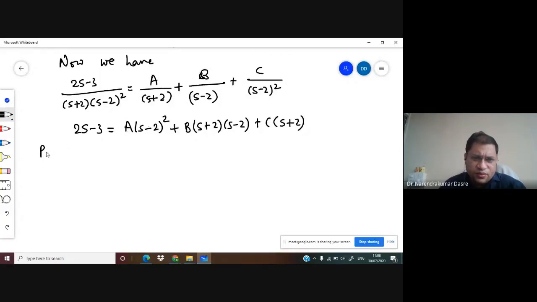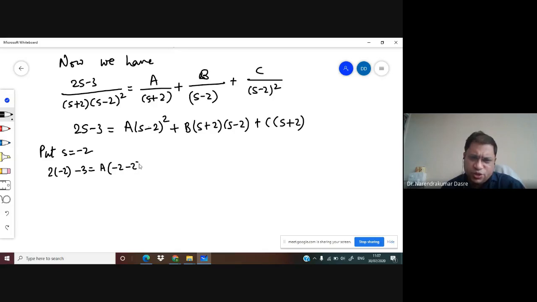What I can do is put s is equal to minus 2, to determine the value of a, since I have to make its denominator equal to 0. So s plus 2 is equal to 0, that means s is minus 2. If I put it, I'll have 2 into minus 2 minus 3 is equal to a. Putting s equal to minus 2, this term is 0, so this product is 0, and this term is 0, so this product is 0.